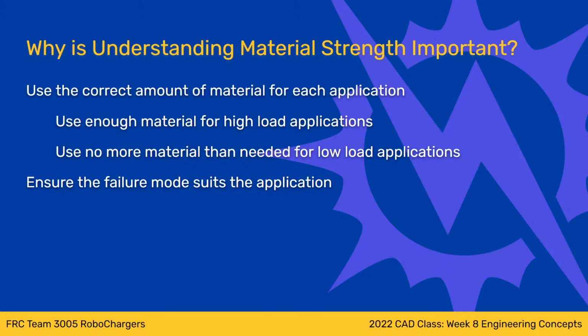I will go into a little bit more about what that means later, but basically it means that sometimes your robot will take damage on the field and parts will get broken, damaged, permanently deformed or whatever, and ensuring that the way that they fail is appropriate for what that part's function is also sometimes just as important as making sure the part doesn't fail in the first place. So we'll talk about that a little more later.